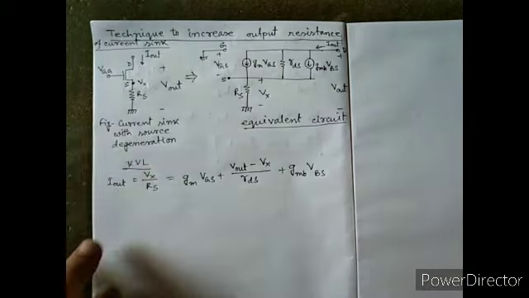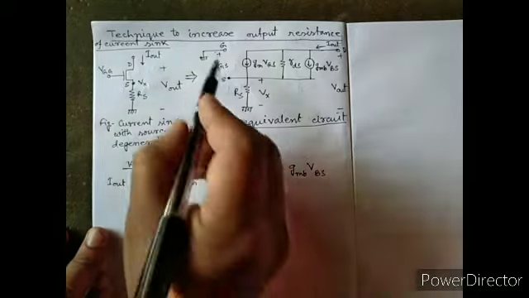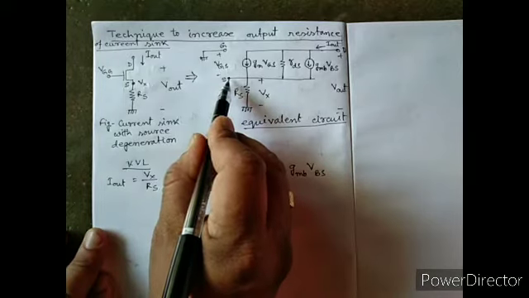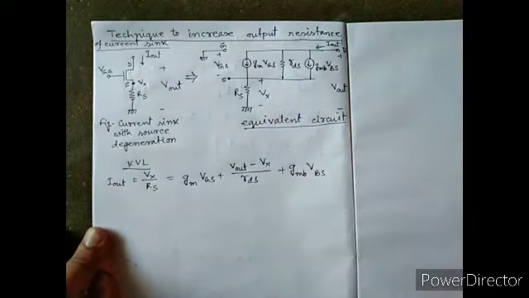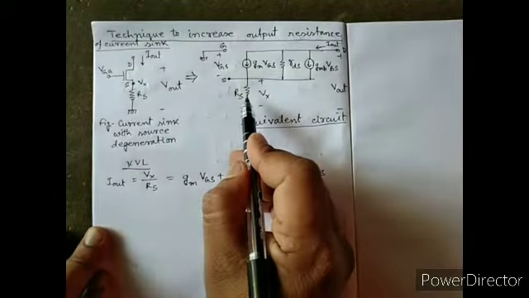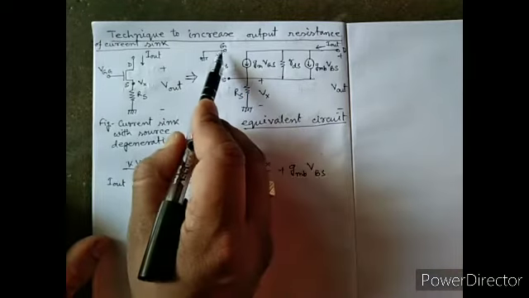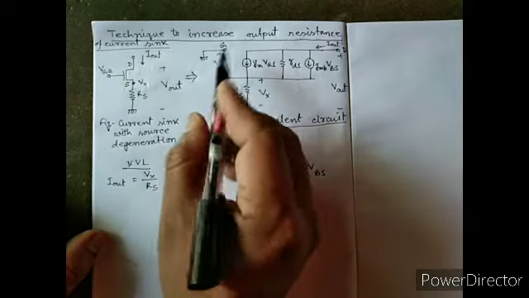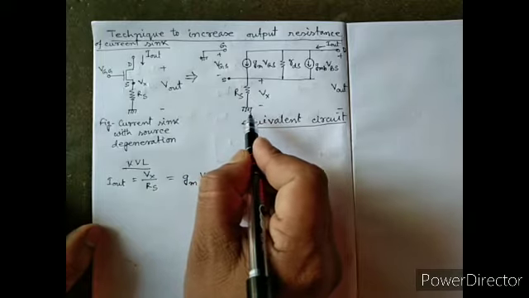Now you can see that the gate is connected to ground and the source is connected with a resistor. So the potential drop between gate and source is not the same as the potential difference between gate and ground.